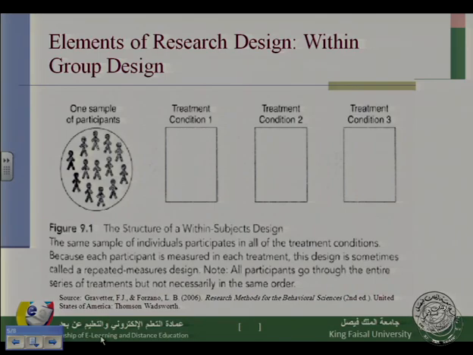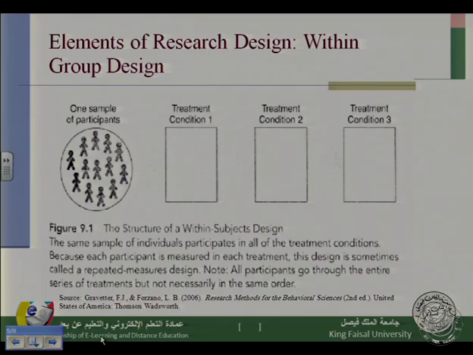Within group designs, you see in this circle, we have one sample of participants, and then we have different treatments. We are going to have the same sample taking the first treatment, then the second treatment, and then the third treatment, and then we get some kind of result. But they are all the same groups.